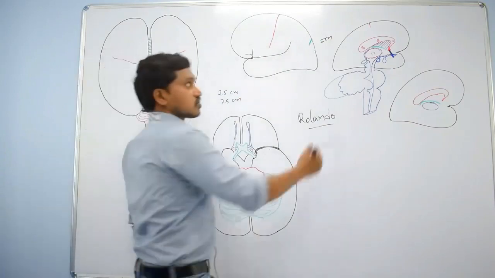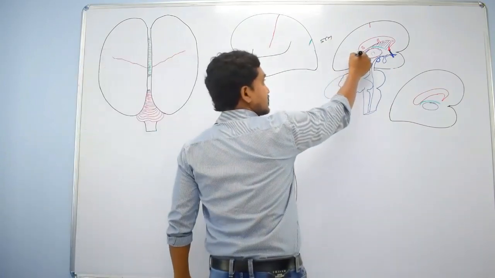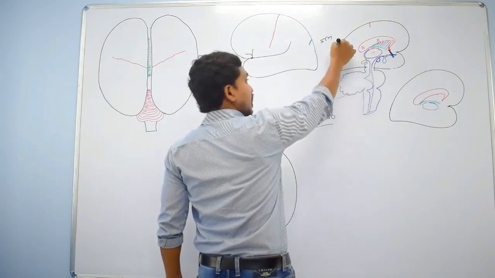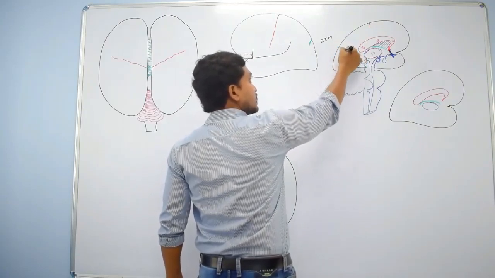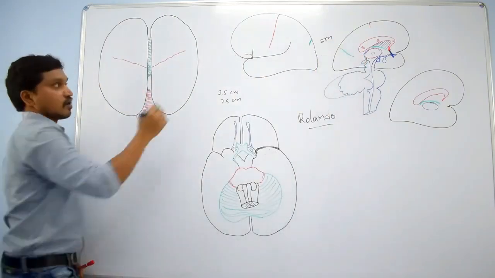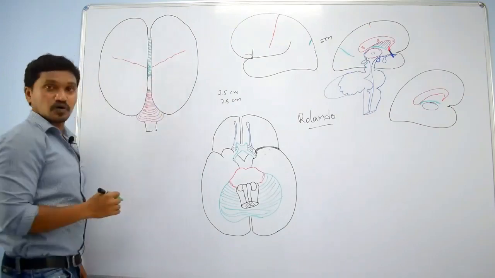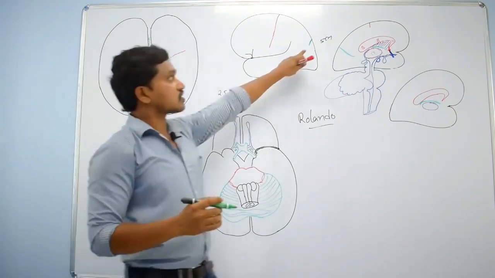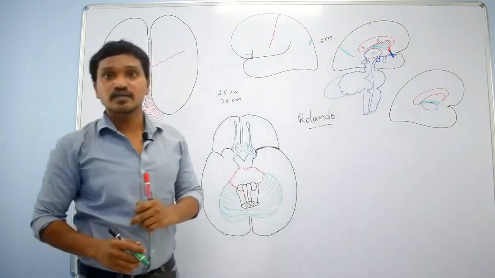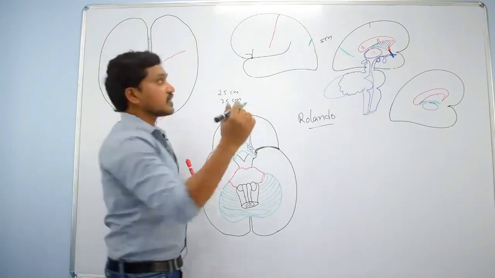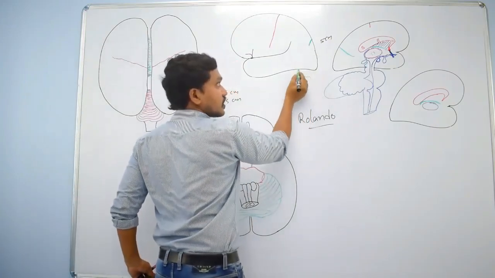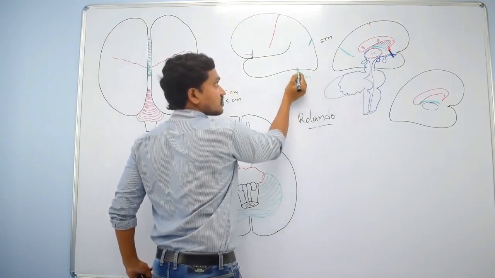It arises in the medial surface, then comes up and winds around the superior medial border, so that is how it appears here. Then, also 5 centimeters from the occipital pole, you can observe one notch.